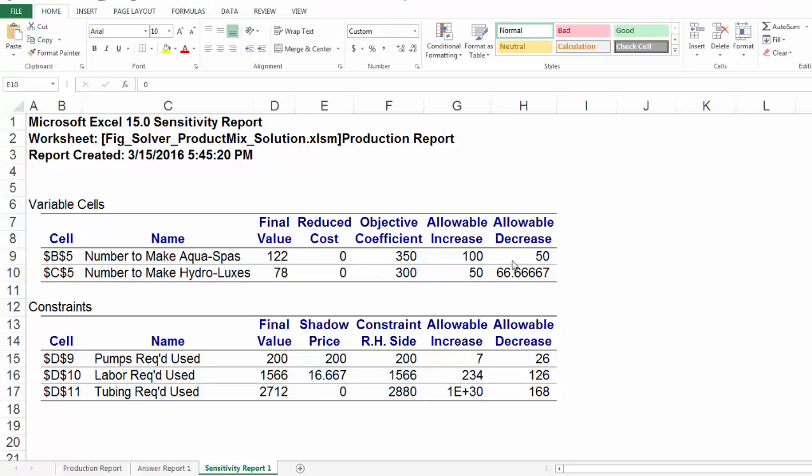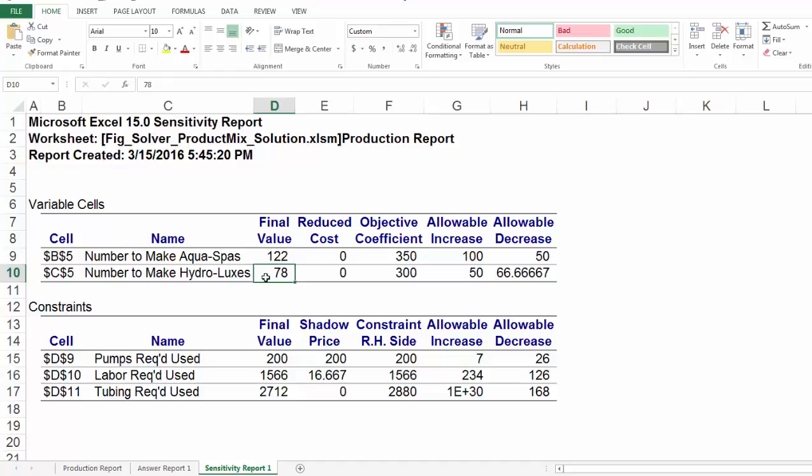And then let's take a look at the allowable decrease. In this case, it is $50. The actual decrease, 25, allowable decrease 50, 25 is of course less than 50, and our conclusion is the optimal solution will remain the same, that is 122 and 78.